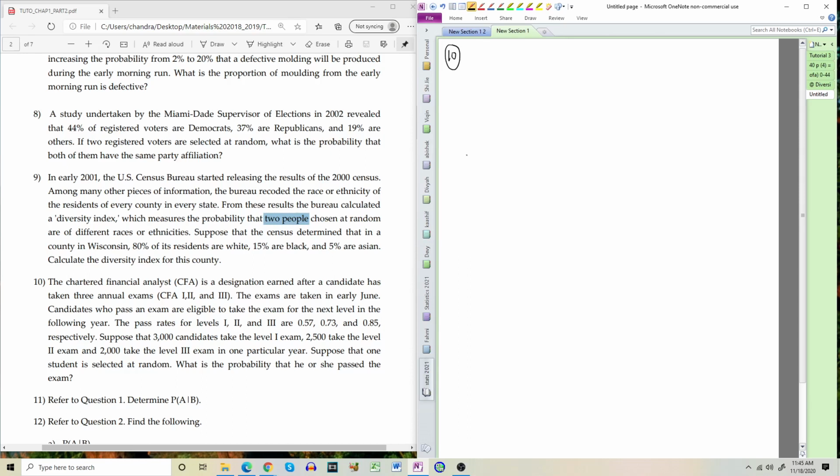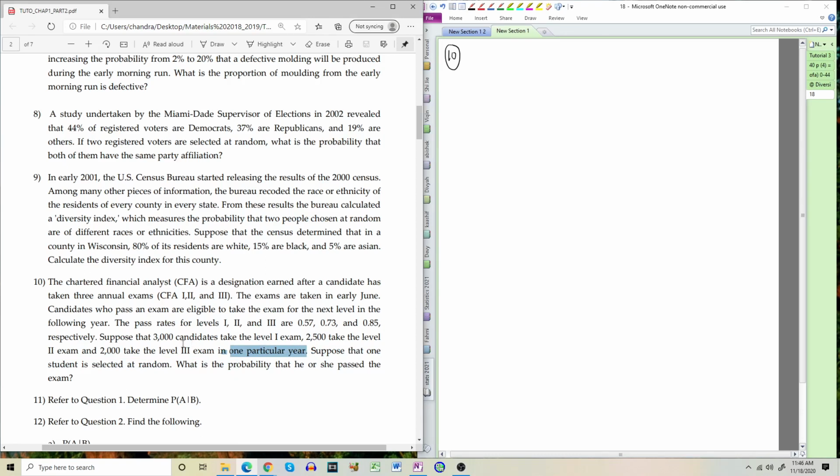So if you read question 10, in one particular year, altogether 3000 candidates take level 1 exam, 2500 level 2, 2000 level 3.